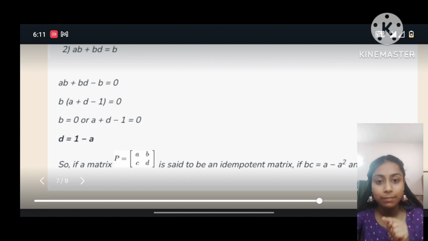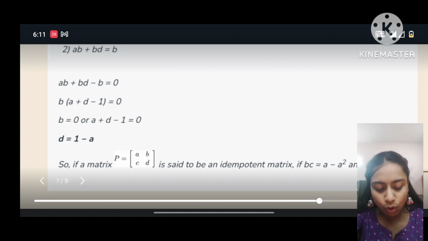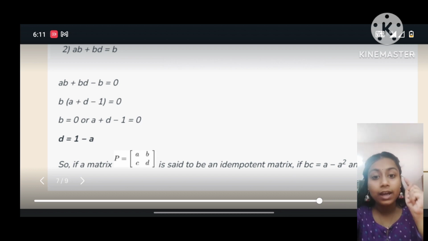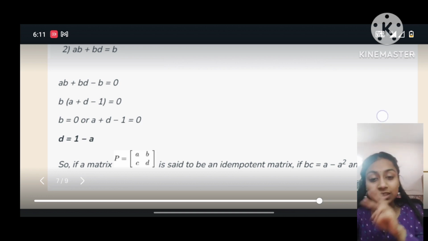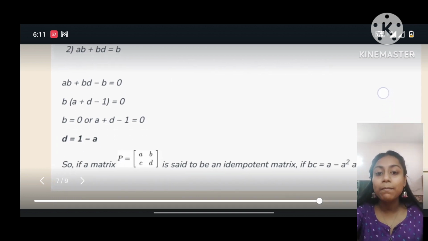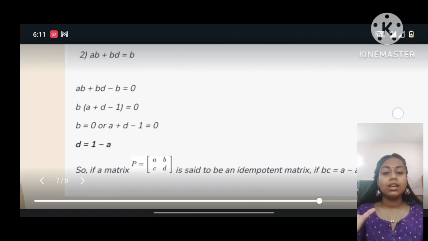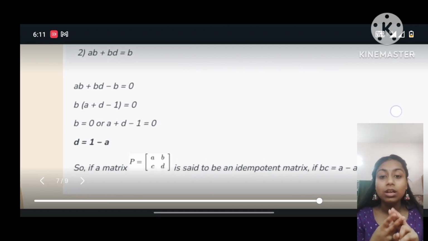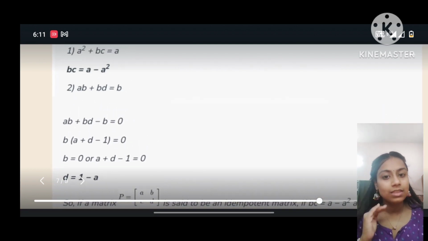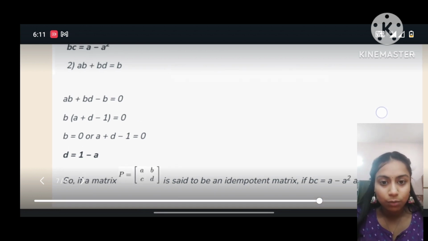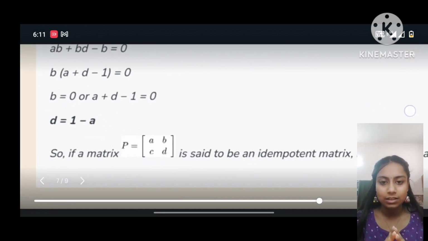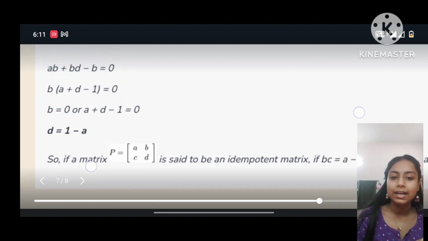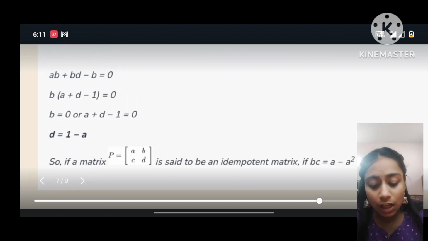Suppose there is a matrix 1, 2, 3, 4. Using the formula, what will be B into C? 2 into 3, which is 6. We'll check whether this equals 1 minus 1 square, but both formulas should be satisfied. Only when both D equals 1 minus A and BC equals A minus A square are satisfied will it be an idempotent matrix.